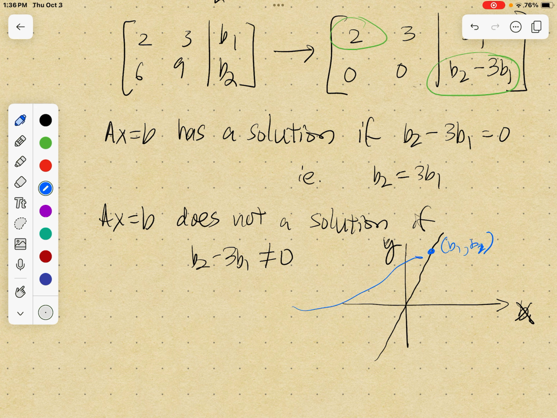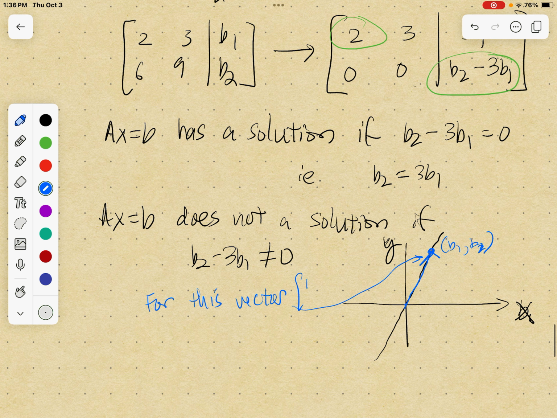So for this vector B1, B2, on the line y equals 3x, AX equals B has a solution.